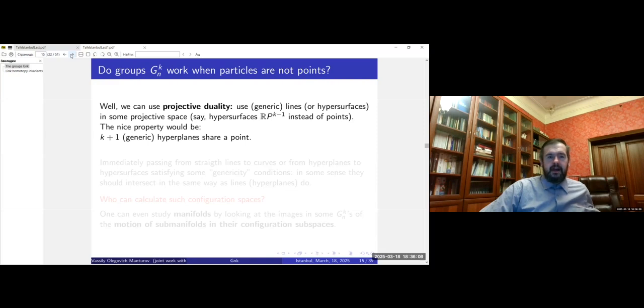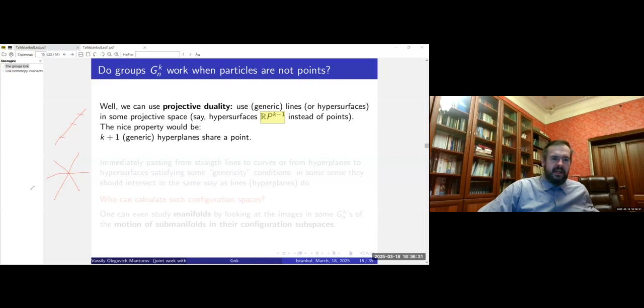So, for example, if I live in RP2, then instead of points, by duality, I can consider lines, projective lines. And instead of the property that 3 points are collinear, I can say 3 projective lines pass through a point.